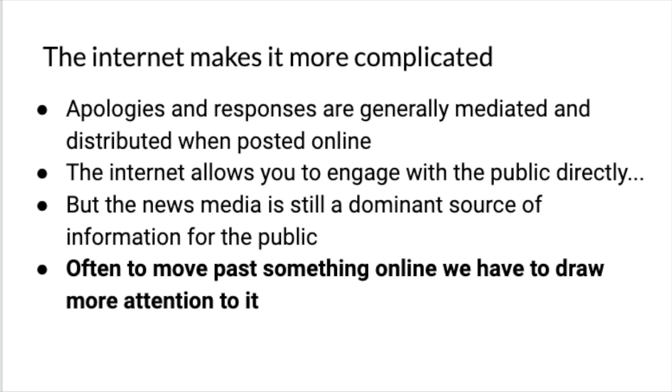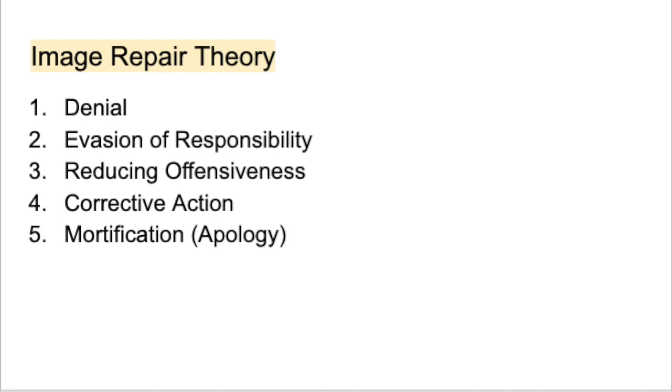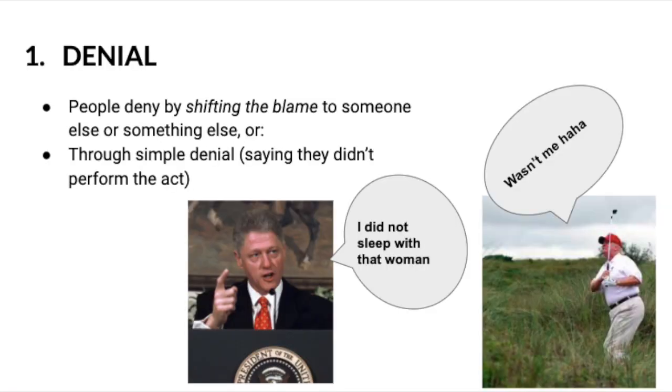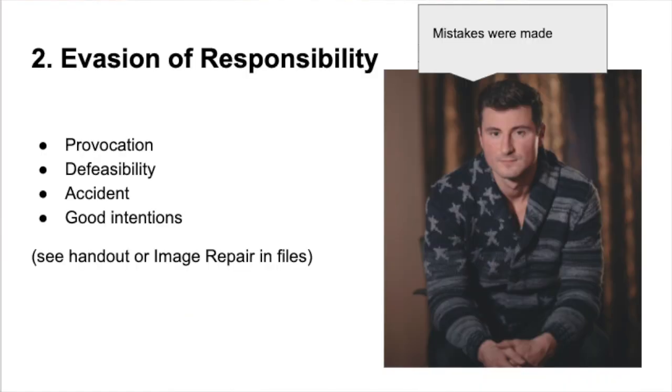So in image repair theory, we have denial, evasion of responsibility, reducing offensiveness, corrective action, and mortification or apology. And so denial, shifting the blame, evasion of responsibility, saying that it was an accident or you had good intentions.